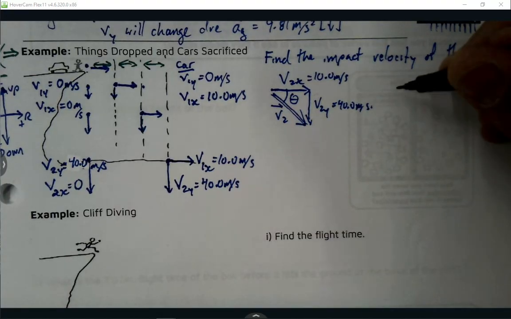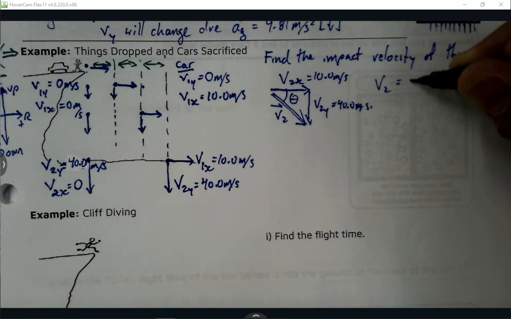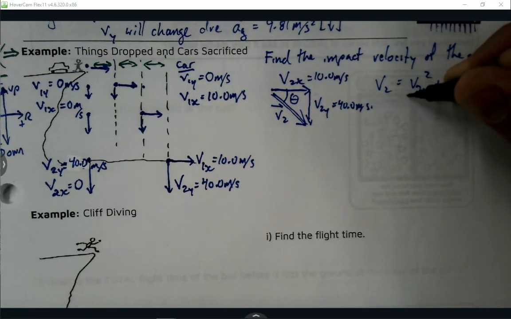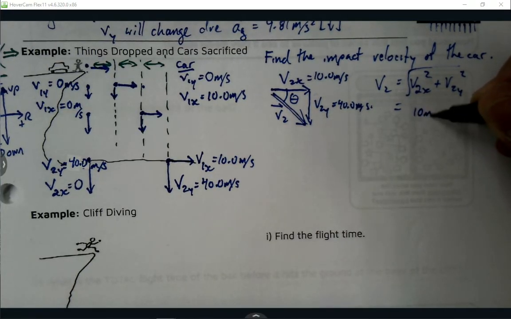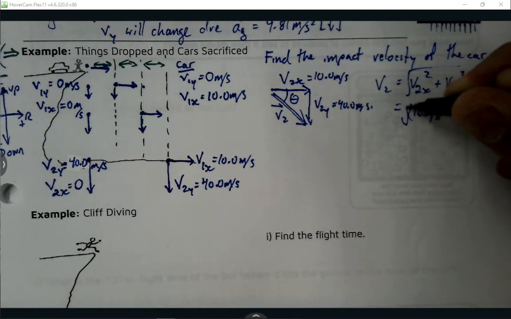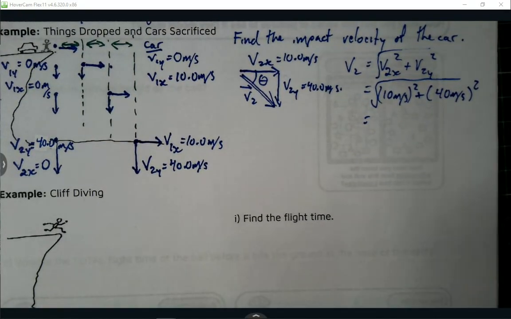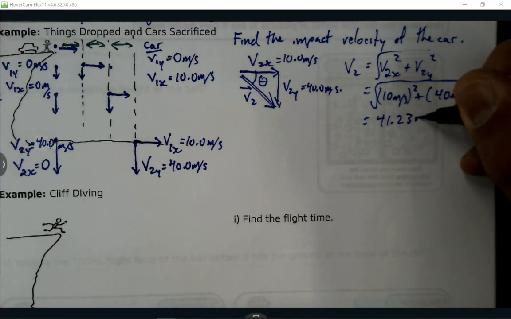So we say, all right, well, the magnitude, that's a Pythagorean theorem problem. I say V2 is equal to V2x squared plus V2y squared, all rooted. I sub in my values. I got V2x, 10 meters per second squared, plus 40 meters per second squared, square rooted. And we're becoming pros at Pythagorean theorem over here. So I'll just say it ends up being 41.23 meters per second.